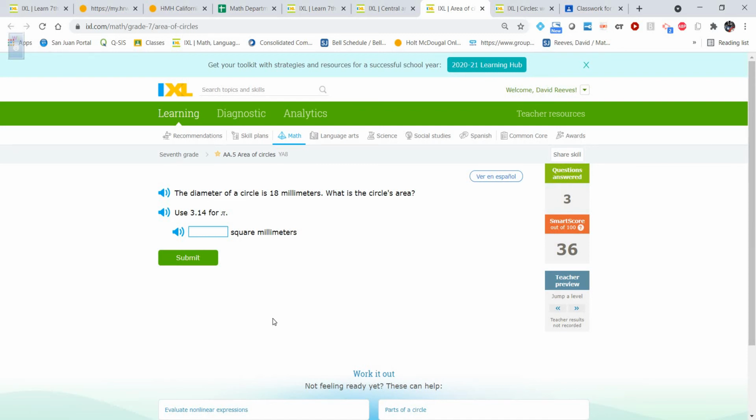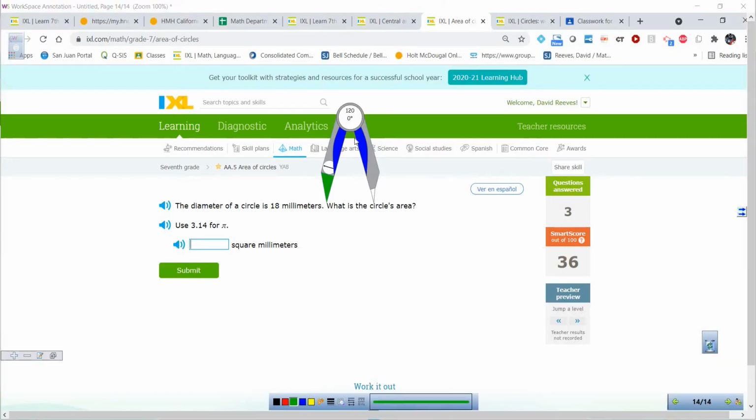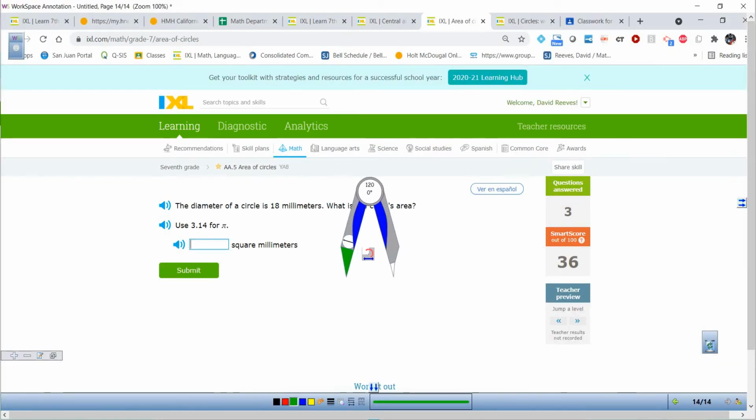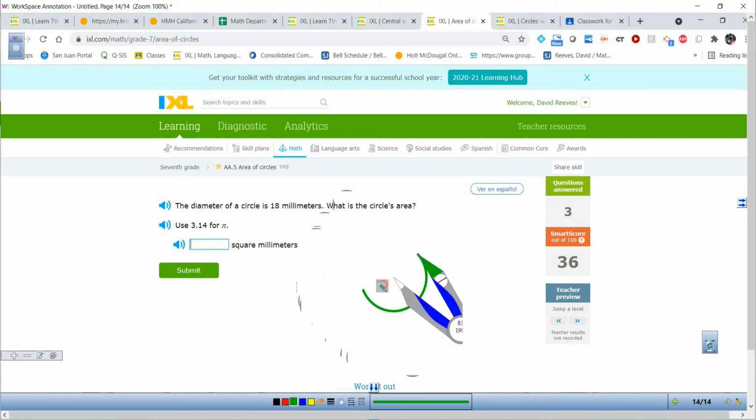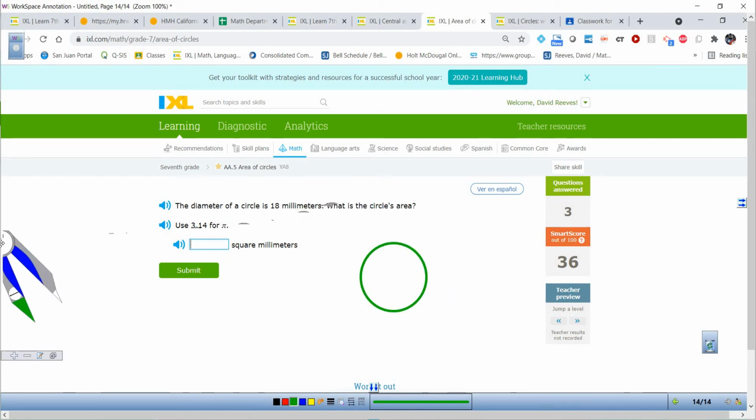Now, good. This is what I was hoping for. Now they say the diameter of a circle is 18 millimeters. Okay, so let me make a quick little circle here. There's my circle. Let me go ahead and draw a diameter across it. Now they're telling us that the diameter, remember, a diameter goes all the way across, is 18.